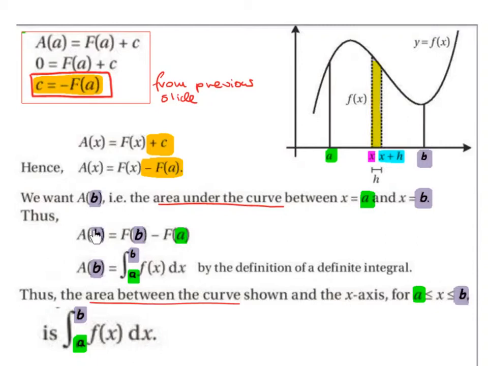So A of b equals F of b minus F of a. So A of b equals the integral of f of x dx between the limits a and b by the definition of the definite integral. Thus, the area between the curve shown and the x-axis for x values between a and b is the integral of f of x dx between the limits a and b.